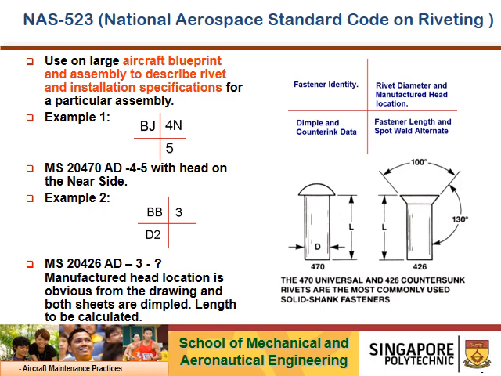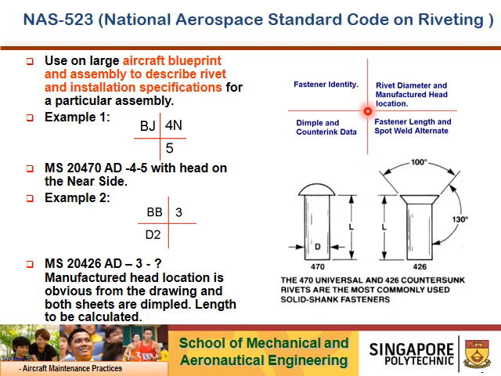It's impossible, as the example later will show, for you to put the part number on the aircraft drawings. So they utilize a cross code, as shown here, to denote the fastener to be installed.